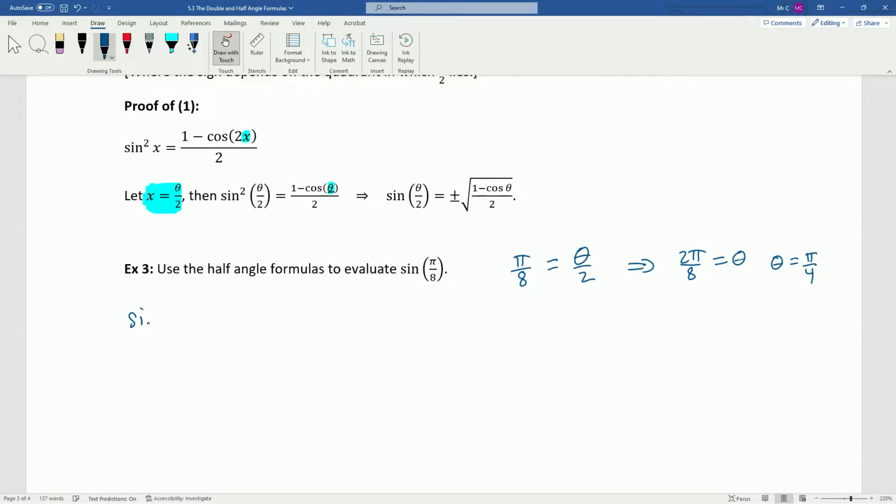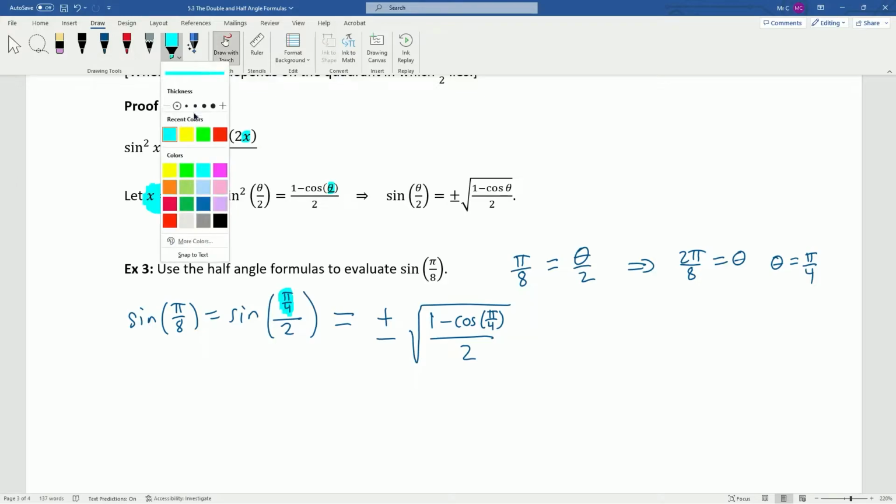So in other words, I can say that sine of pi over 8 equals sine of pi over 4 divided by 2. So that means pi over 4 is my angle theta for my formula, and my formula is plus or minus the square root of 1 minus cosine of that angle, theta, pi over 4, divided by 2.